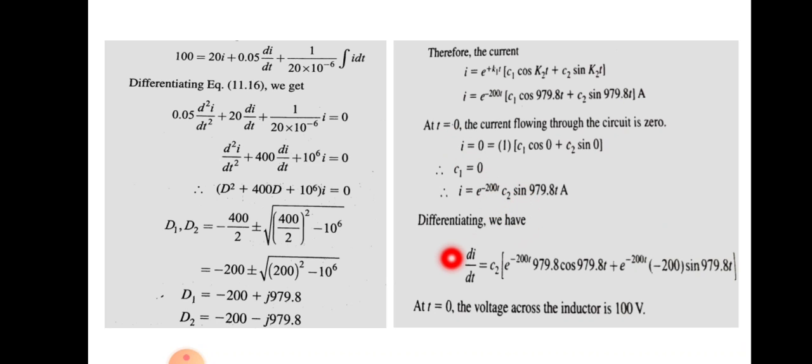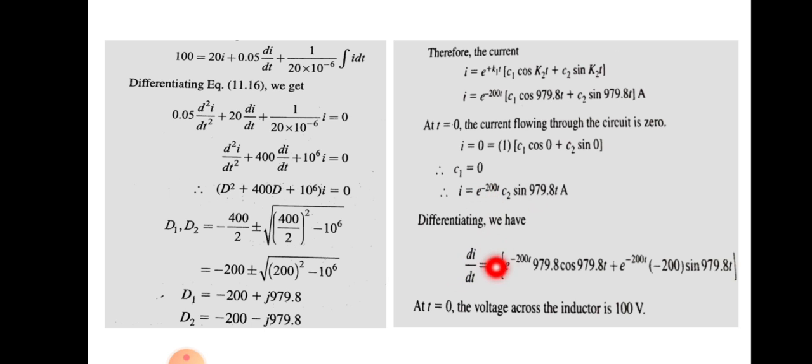So we will differentiate the above equation, that is di by dt will be equal to, you know that there are two functions, e raised to minus 200t and sin 979.80t. There is a rule for differentiation: first function into derivative of second plus second function into derivative of first.